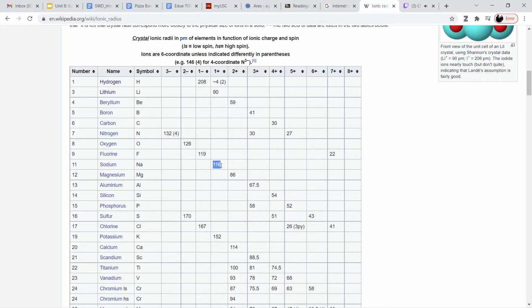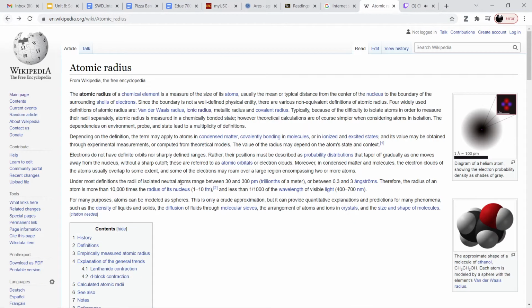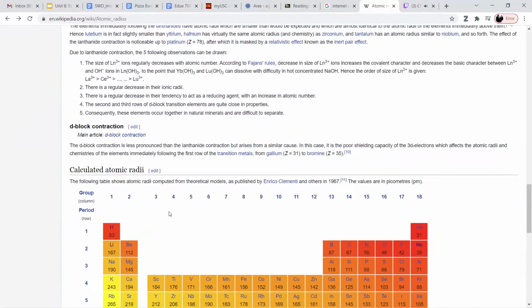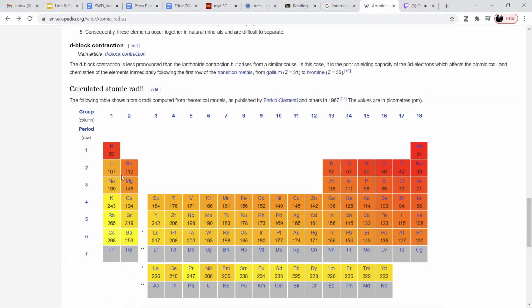Sodium's ionic radius is 116. Notice that sodium used to be 190. And neon here is 38. Wow, that's terribly small.